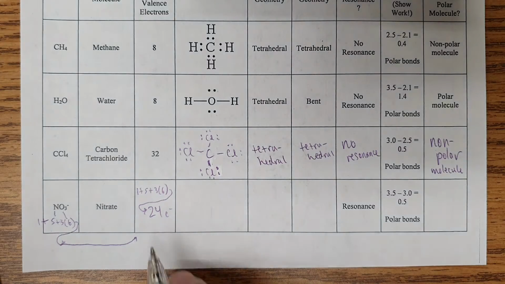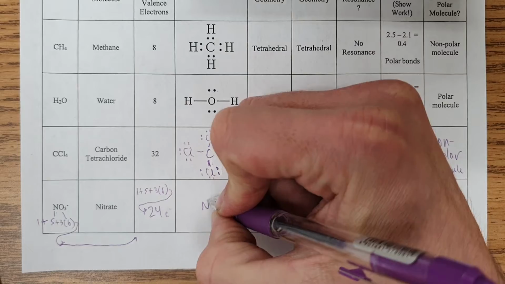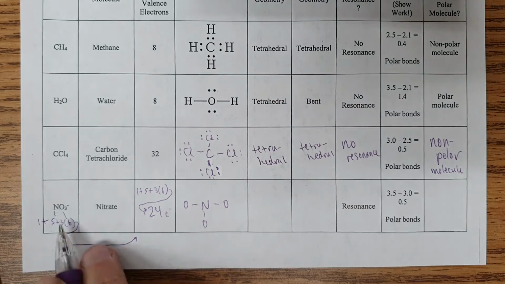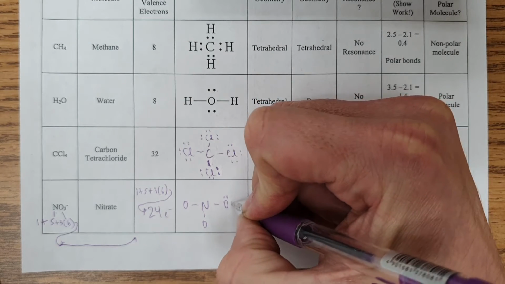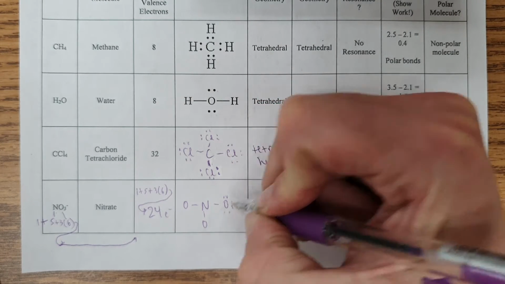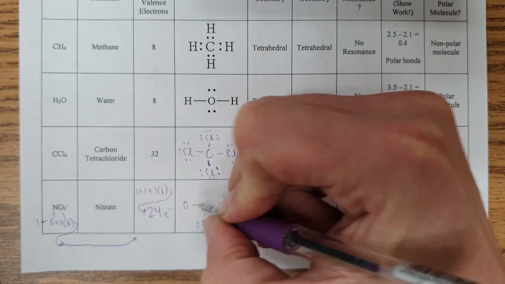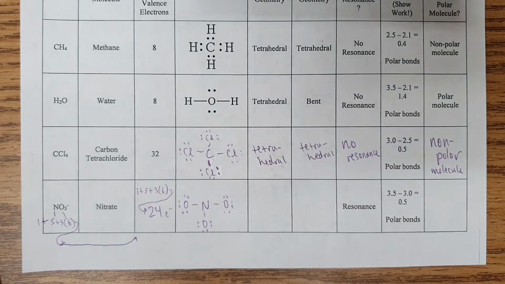24 electrons. So nitrate, put nitrogen in the middle, spread the oxygens around, add until you've got 24. 2, 4, 6, 8, 10, 12, 14, 16, 18, 20, 22, 24.